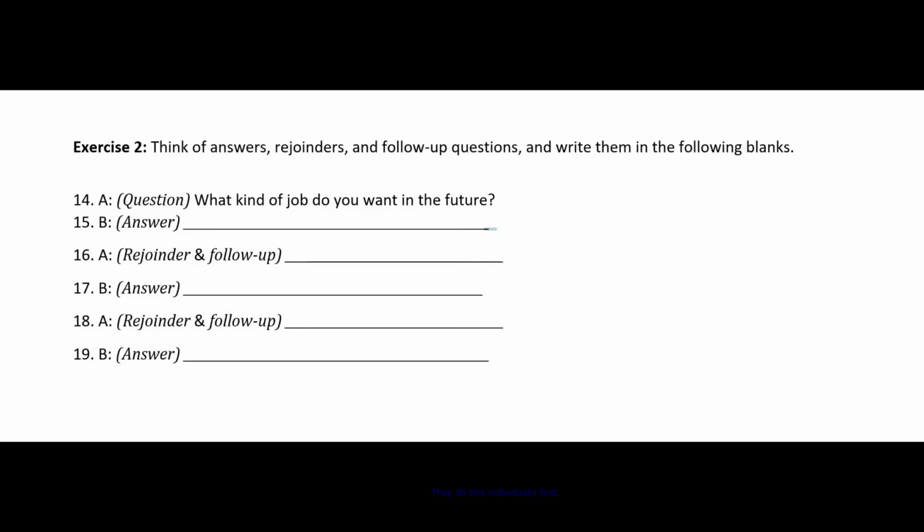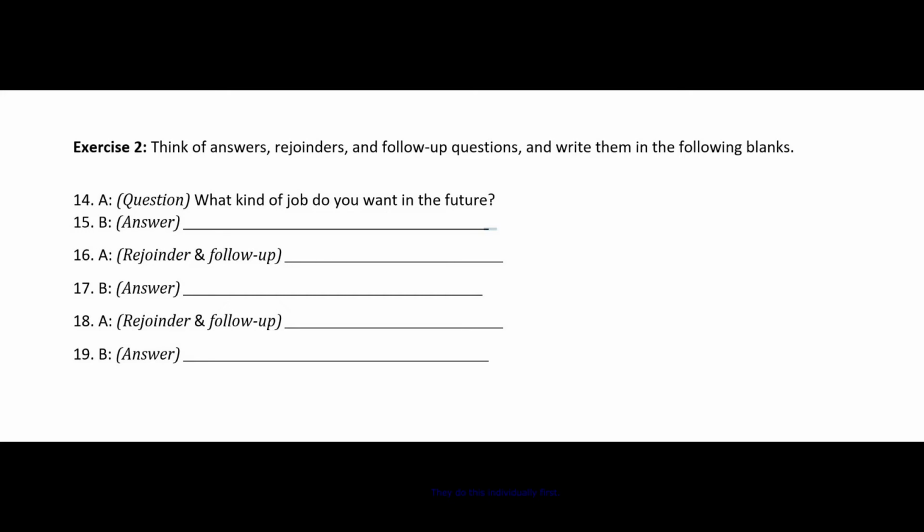Of course, they do this individually first. This exercise 2 serves 2 purposes. It helps students see that the follow-up questions are connected to the previous answer that the partner had given. And it serves as a model for how they will carry out the next activity.